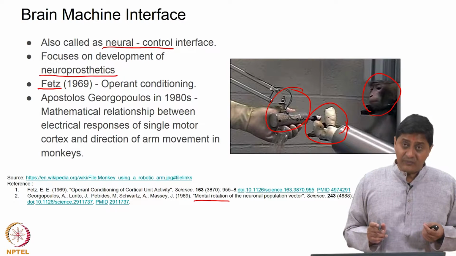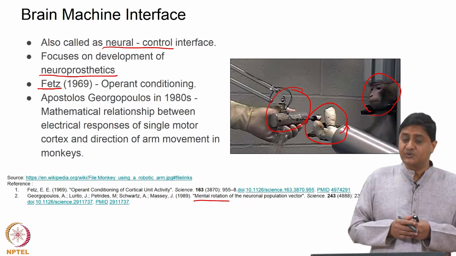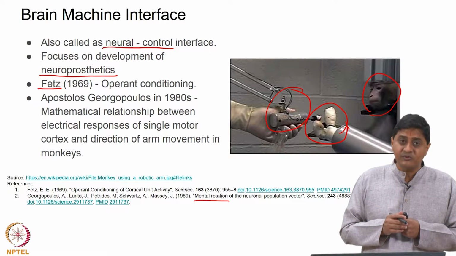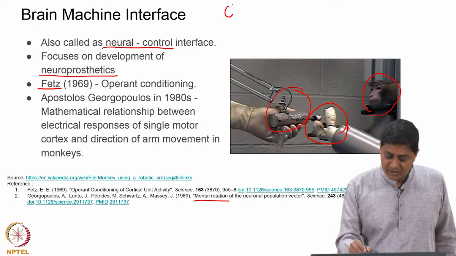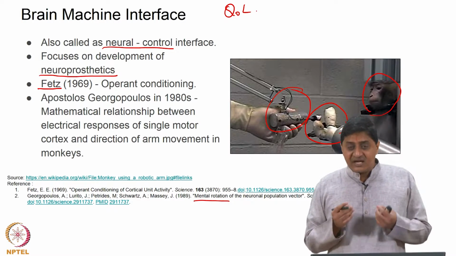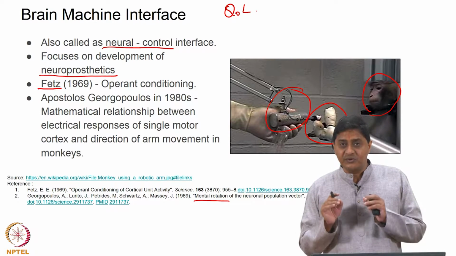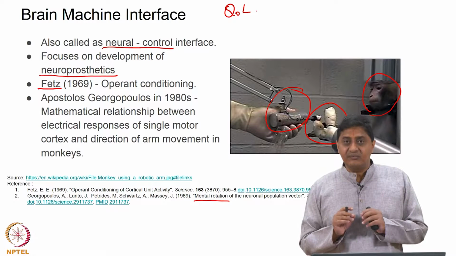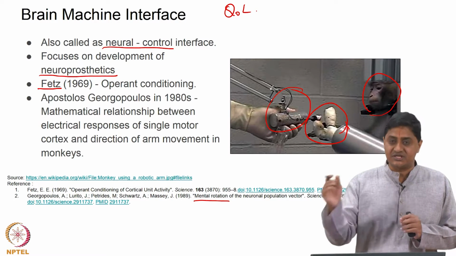So, then the problem, the challenge that is presented to us as scientists is, how do we improve their living conditions, or how do we improve their quality of life? If we can produce devices that perform activities of daily living for these individuals, it is a huge step.